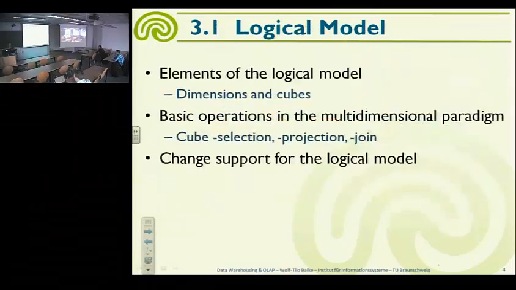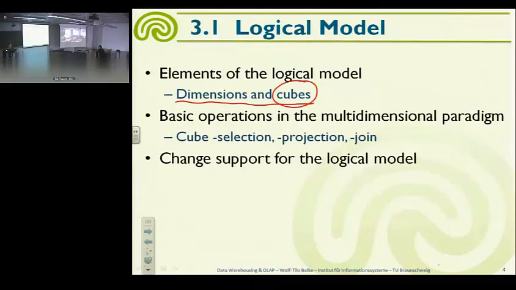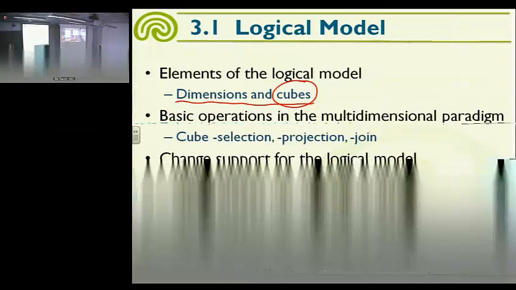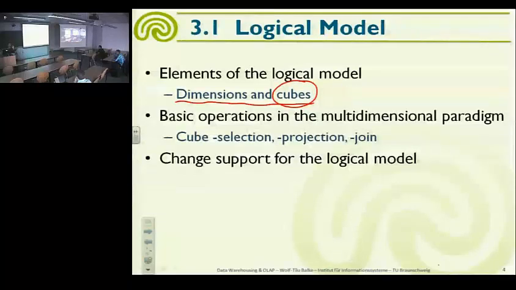So, starting off with the logical modeling. Like I said, this is the basic transition from the conceptual modeling, and the basic elements of the logical modeling are the so-called dimensions and cubes. Now recall, in the database, entities were represented by tables, and then we had relationships between tables, and this was basically how we saw the database.